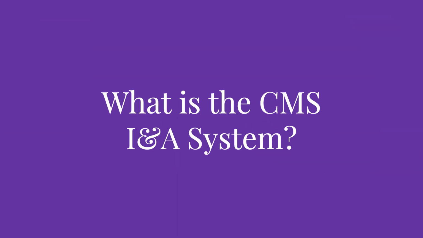In this video, I'm going to walk you through some simple ways to audit your I&A system to help protect you and your Medicare enrollment systems, reduce compliance risks, and ensure that only authorized individuals maintain access to your organization. Let's start with basics and talk about what the CMS I&A system is.